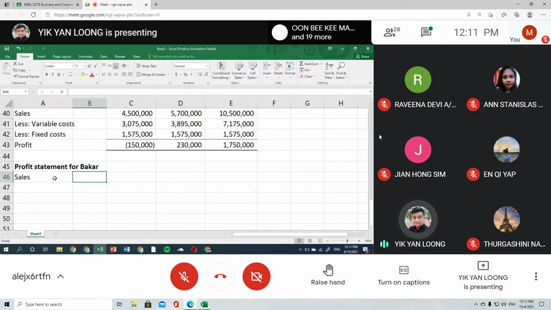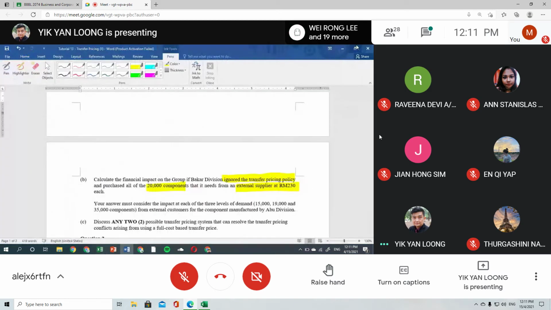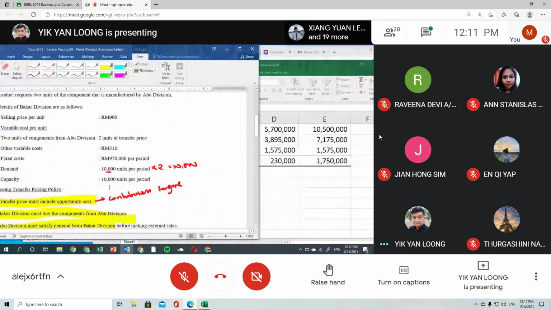Your sales here will be 10,000 units multiplied by 900 ringgit selling price per unit.